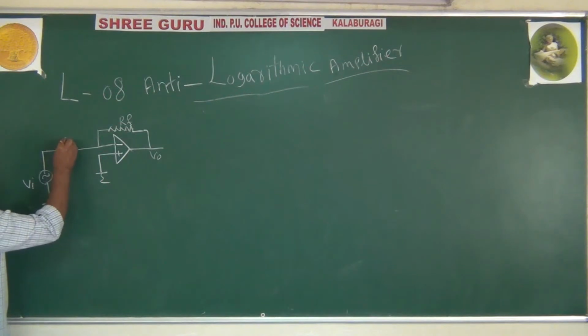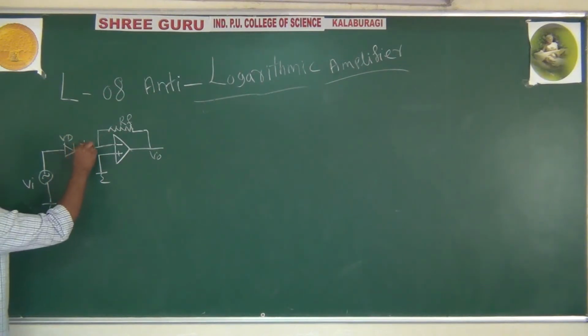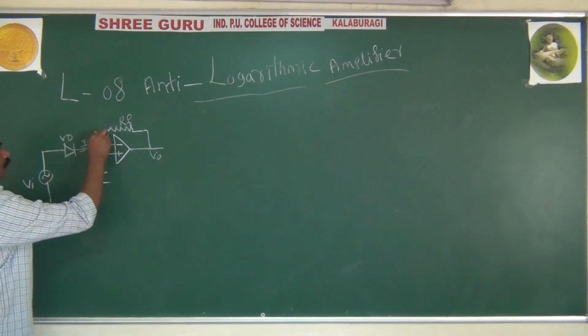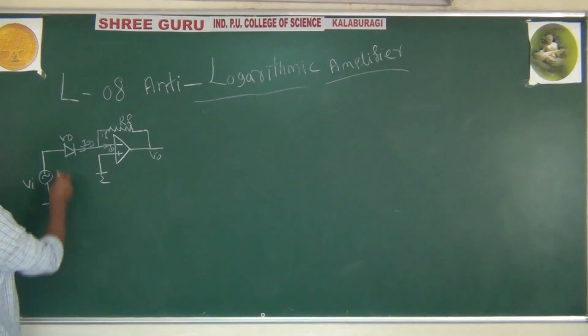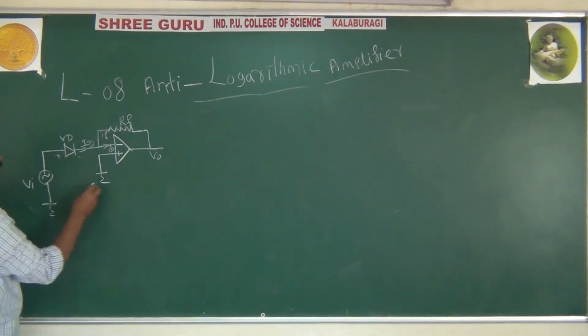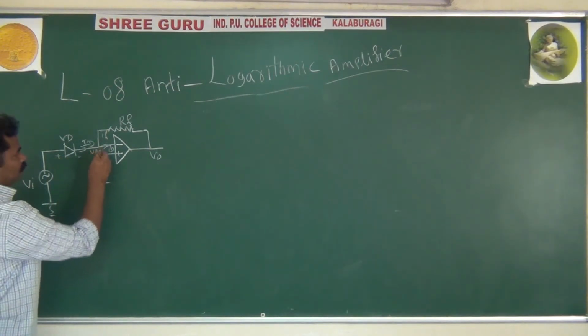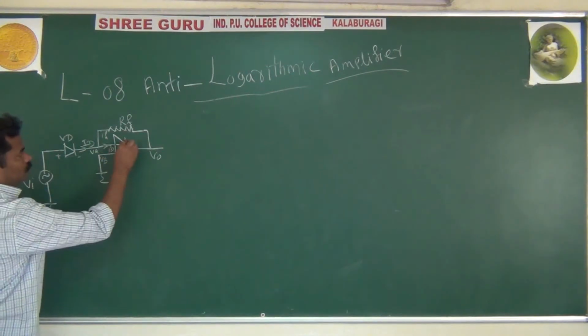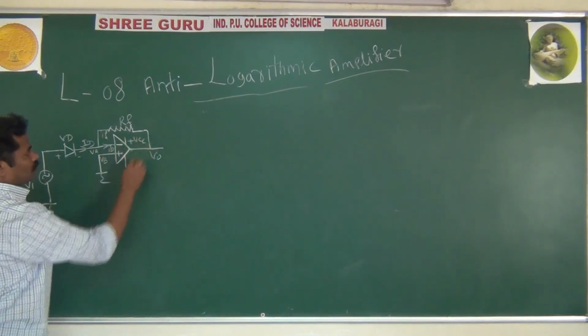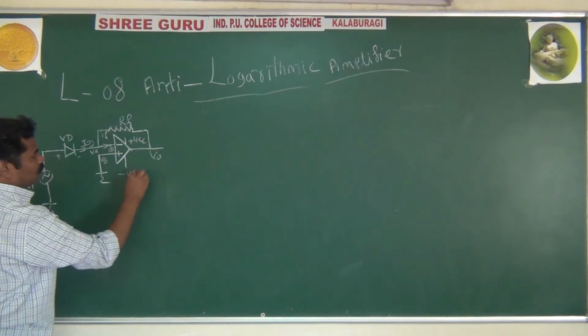This is ID, this is VD, this is IF, this is IB, this is VA, and this is VB, and here we are applying the positive VCC and the negative VA.